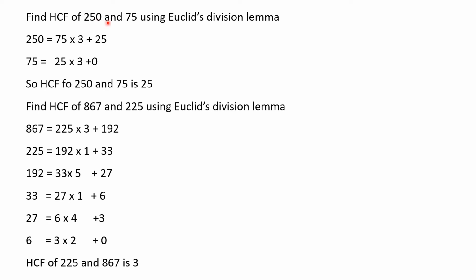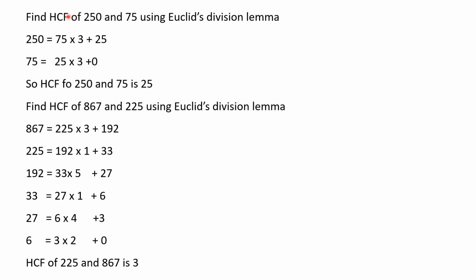Find HCF of 250 and 75 using division lemma. 250 equal to 75 into 3, 75 into 3 is 225, plus 25. 225 plus 25 is 250.